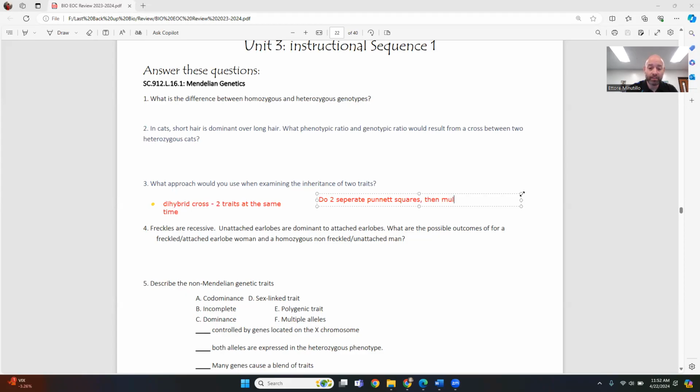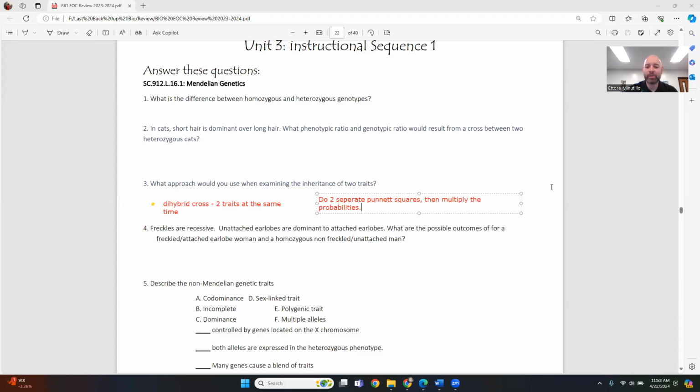then multiply the probabilities. I know I misspelled that. I've misspelled this quite a bit. Multiply the probabilities.